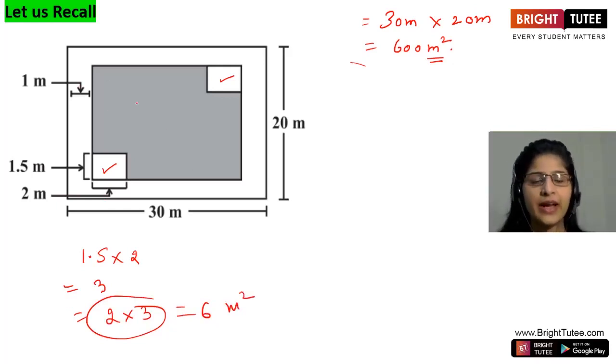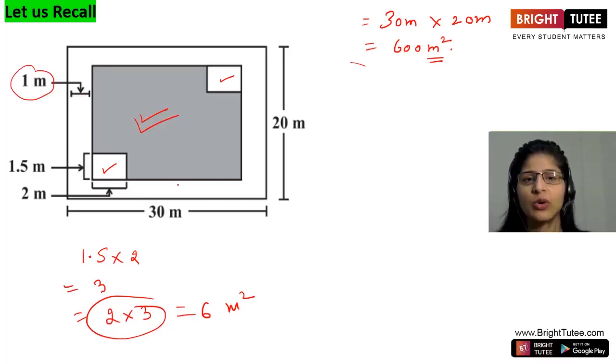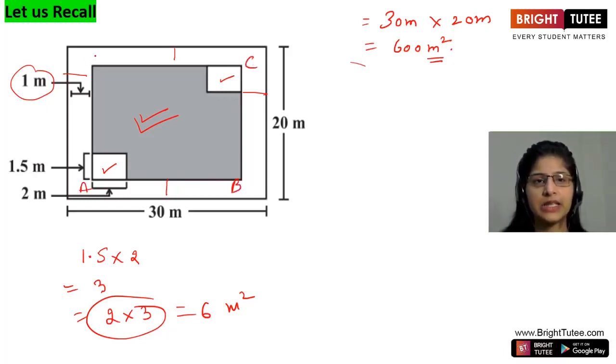Now if I ask you to find the area of this inner rectangle that is formed, they are saying that a 1 meter path is there all around this garden, inside. So 1 meter this side, 1 meter this side, 1 meter on top and 1 meter on bottom. Like this a 1 meter gap is left all over it. So what will be the length of this inner one if I name it as A, B, C, D?